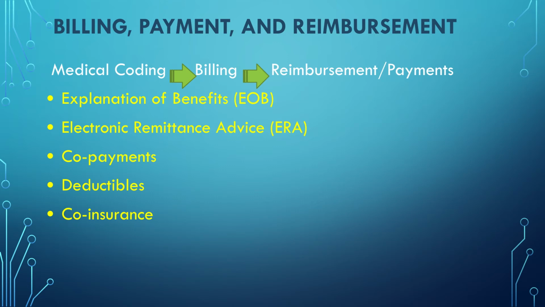The deductible is a total annual amount that the patient must pay out of pocket before any benefits or coverages go into effect. And then coinsurance, also known as cost sharing, is where the patient pays a percentage and the third party payer will pay a percentage.